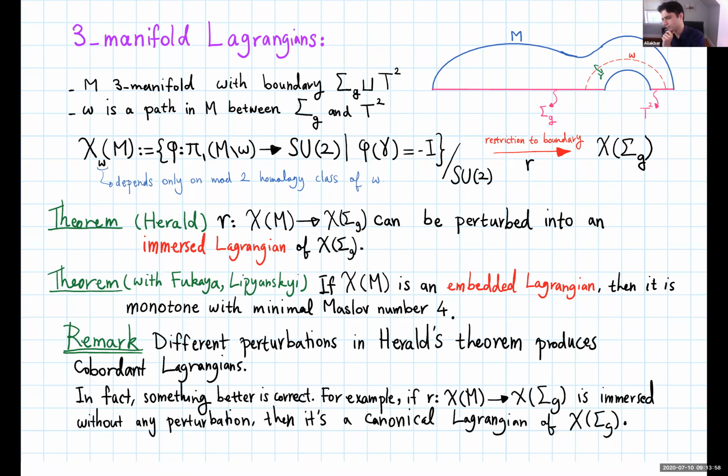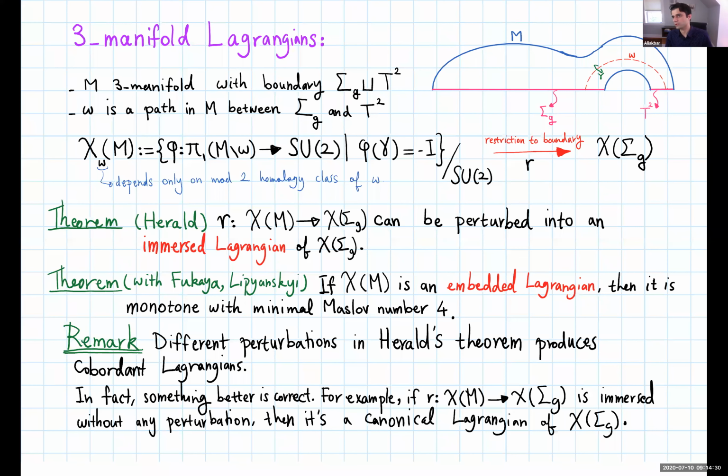It is expected that you can still get some monotonicity, but you have to add some bounding cochain to your immersed manifold, which is coming from gauge theory. Once you add such a bounding cochain, it is expected that you would get an unobstructed immersed Lagrangian.